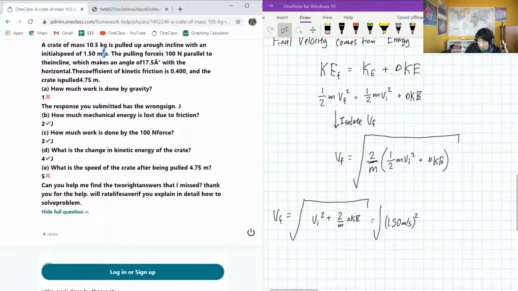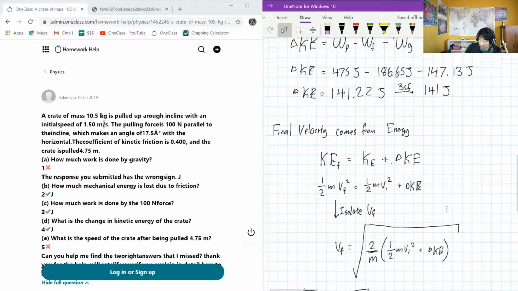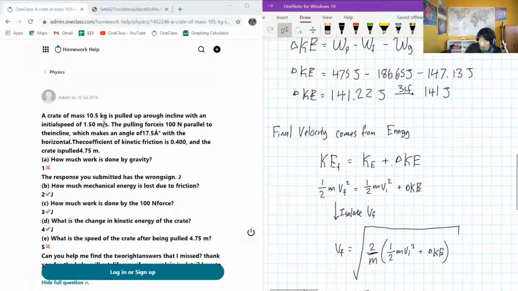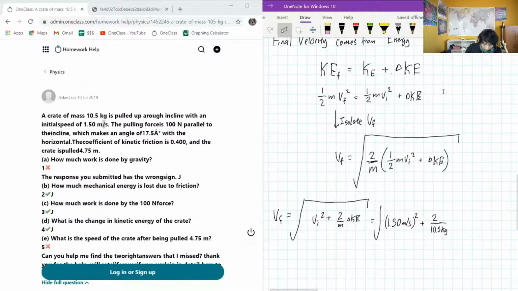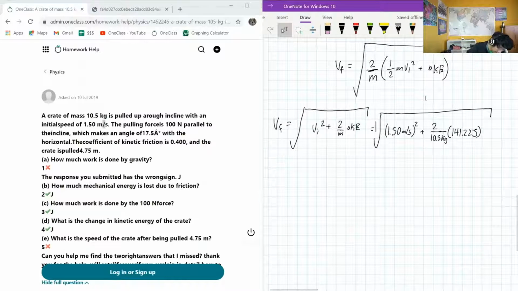And then we have to add 2 over 10.5 kilograms, and we have to multiply that whole thing by 141.22 joules. Okay, and that will give us our final velocity. And let's send this in our calculator to figure out what that is.